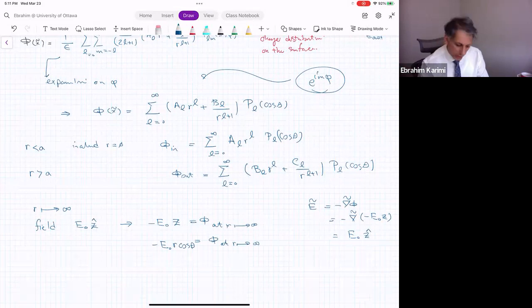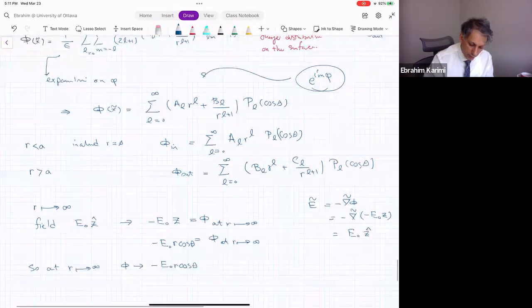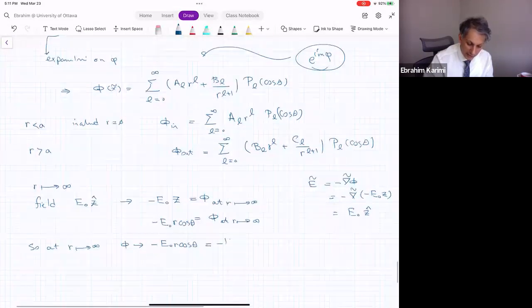Okay, so at r tending to infinity, the potential tends to be minus E0 r cosine of theta, which cosine of theta essentially is P1 of cosine of theta.